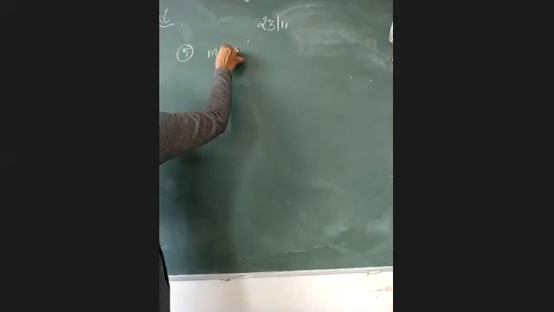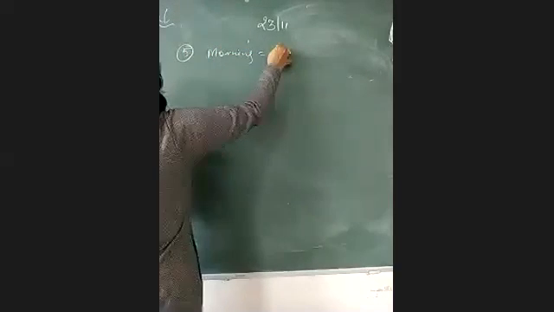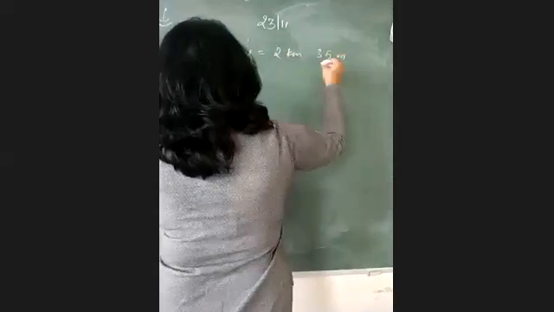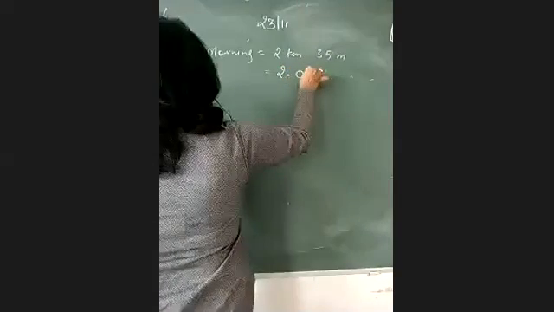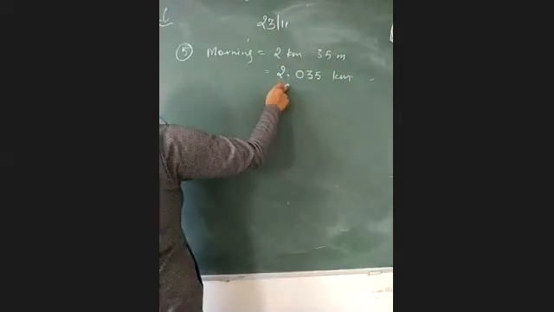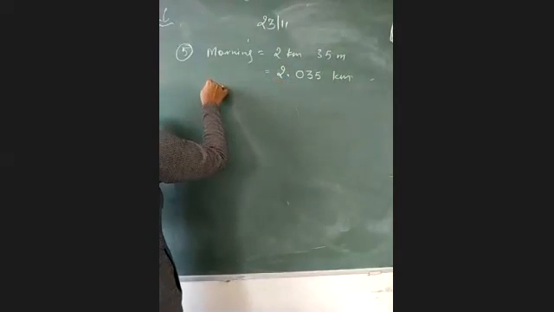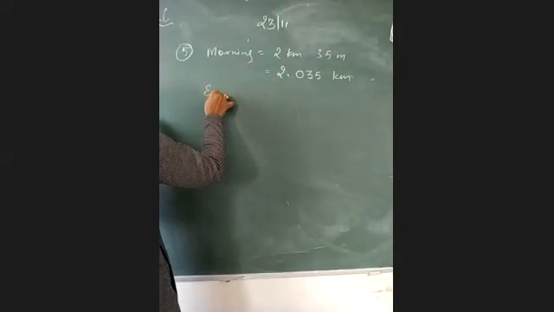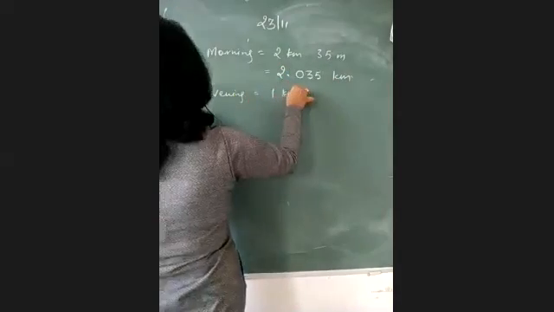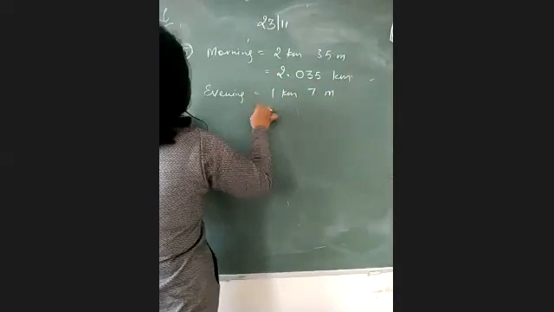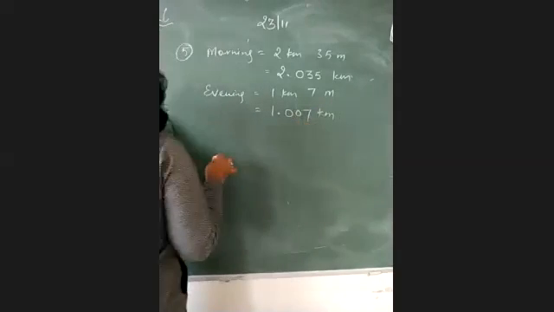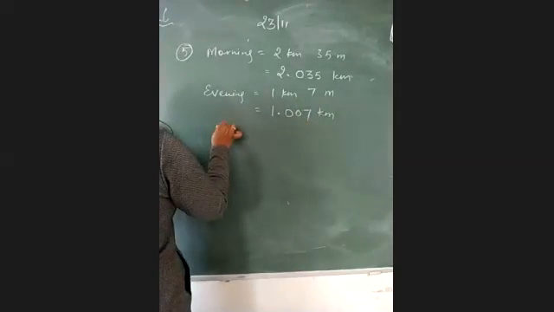Question number 5 में कुछ नहीं करना है बेटा. मॉर्निंग में लिखा हुआ है जो नरेश है वो कितना चला है 2 किलोमीटर 35 मीटर. तो जब आप इसको सॉल्व करोगे it will give you 2.035 in kilometer. You are knowing how to convert meter to kilometer. हम लोगों ने कल पढ़ा था, सैटरडे को. And in the evening it is there 1 kilometer 7 meter. Solve करोगे it will give you 1.007 kilometer. And just you need to add total distance.